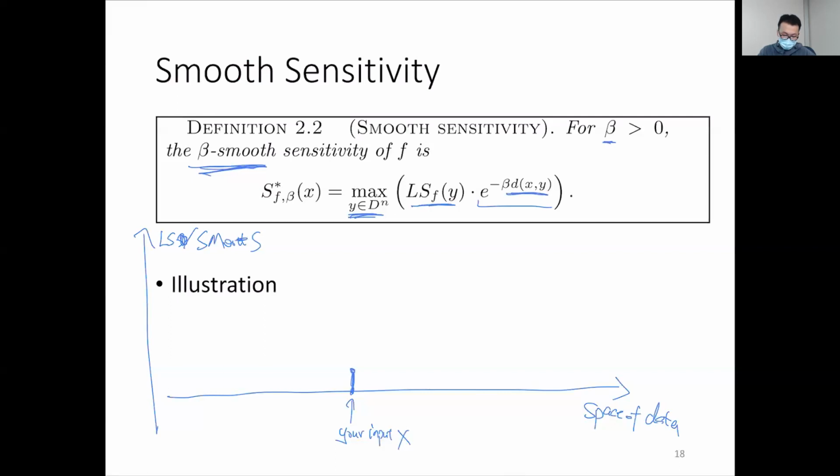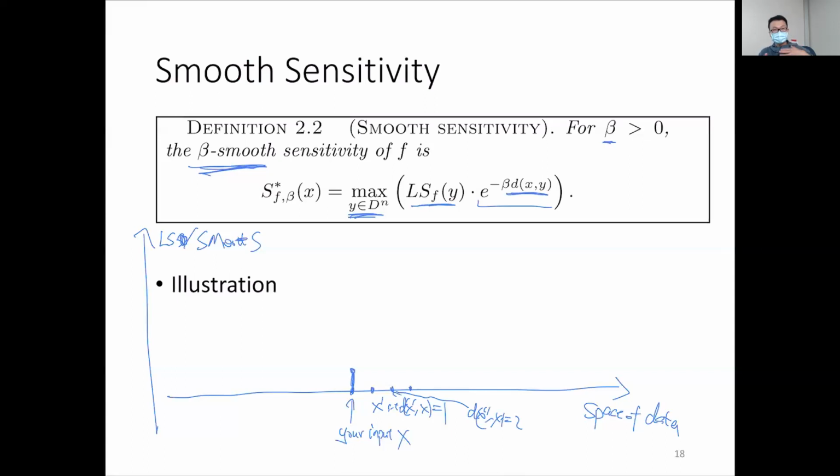And well, if we move a little bit away from X, this is X prime, such that d(X prime, X) is equal to 1, right? Over here, this is X double prime, so d(X double prime, X) is equal to 2, right? On the horizontal axis, I'm just enumerating.